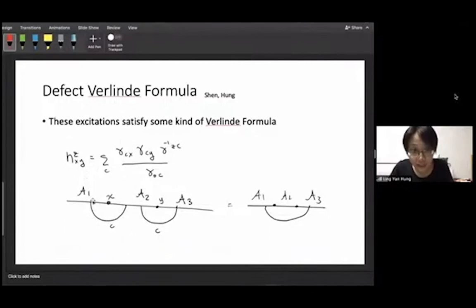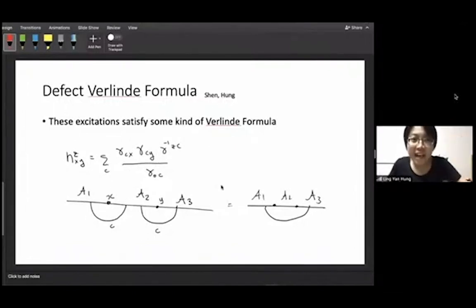this braiding gamma, the half braiding of these condensed anyons with the confined anyon, would give you a representation of the fusion rules of these anyons, exactly like the S matrix is a representation of the fusion rules of the primaries in a CFT. And so that would allow you to derive this so-called Verlinde formula, where you relate the fusion rules to the braiding between anyons.